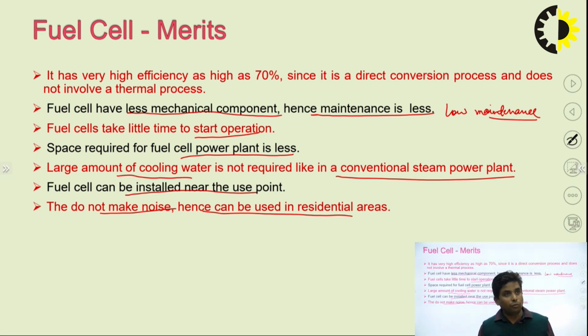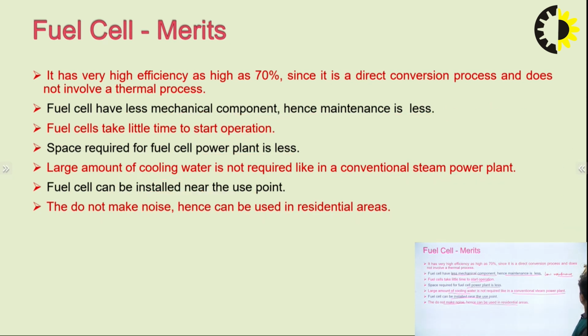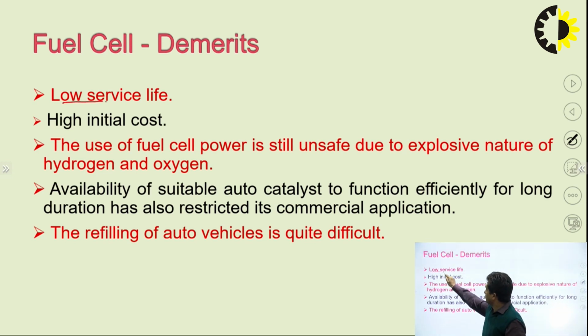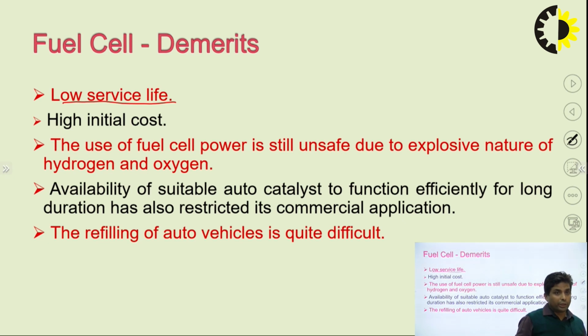Now we have to move to their demerits. When we go for the merits as well as the demerits, what will happen? We have considered low service life. Conventional plants we have taken as 20 to 30, 40 years, as well as hydrothermal plants 30 to 50 years of service life.